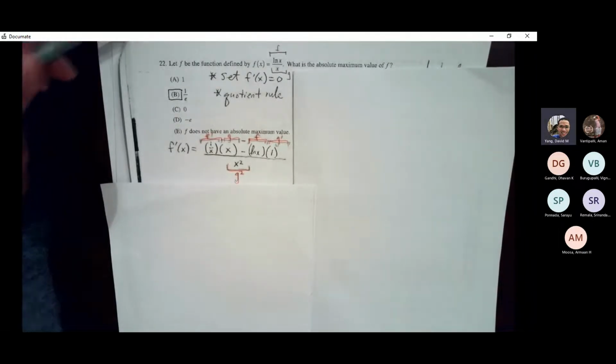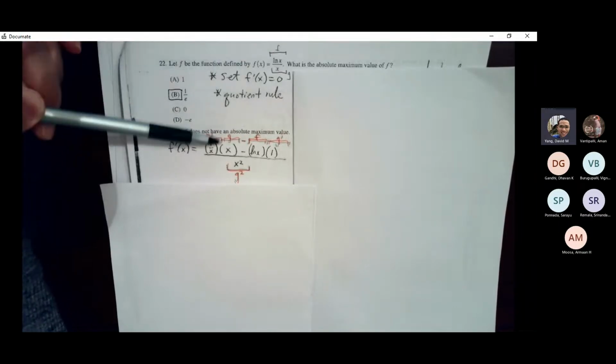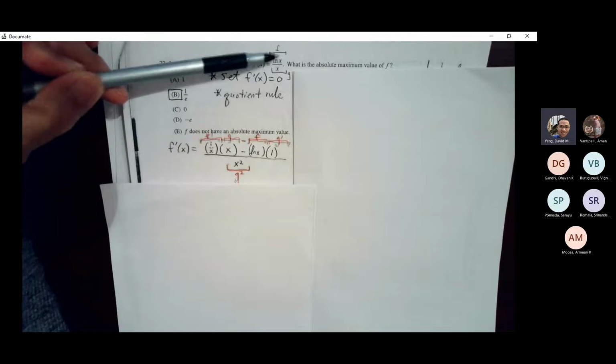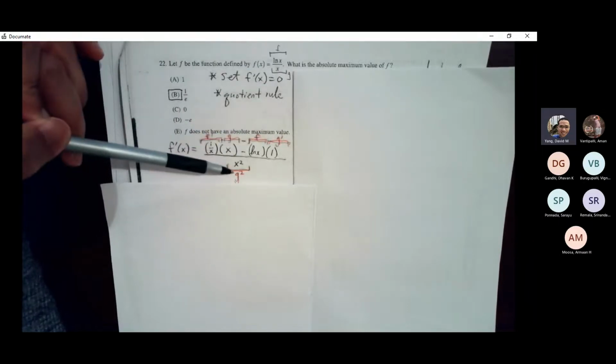So natural log of x becomes 1 over x. We keep the g, minus natural log of x over g prime. X becomes 1. And then denominator squared.